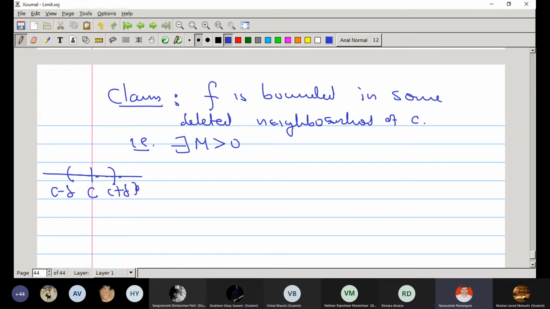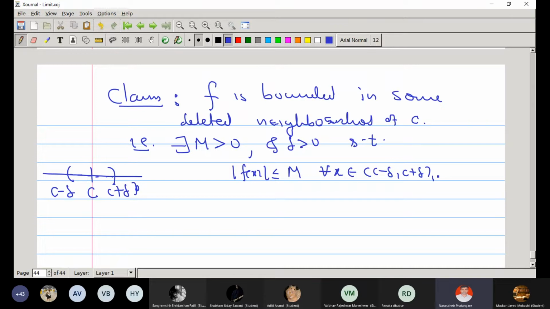So in some neighborhood, certainly the function is bounded by some number M. So that means there exist M and delta such that absolute value of f(x) is less than or equal to M for all x in c minus delta to c plus delta, and except c, because c may not be a point in the domain.